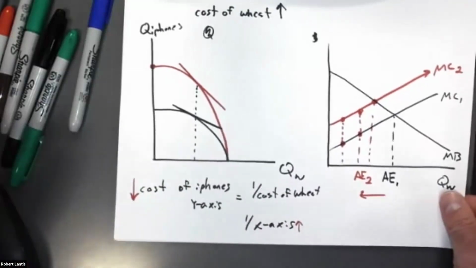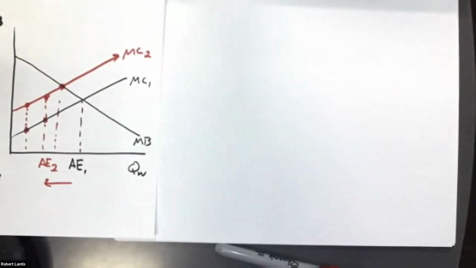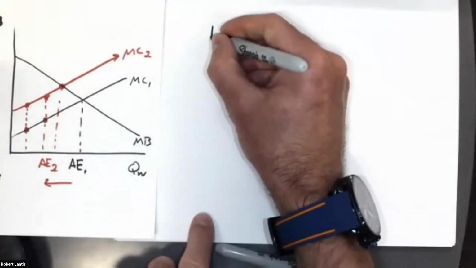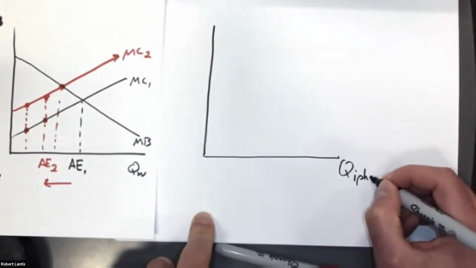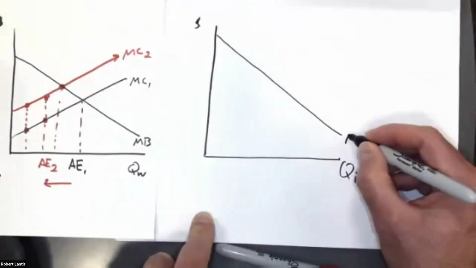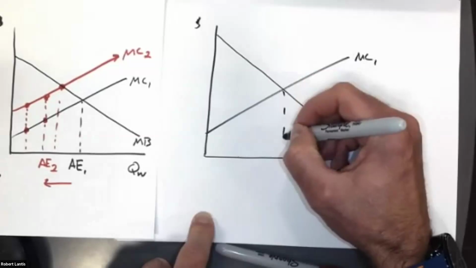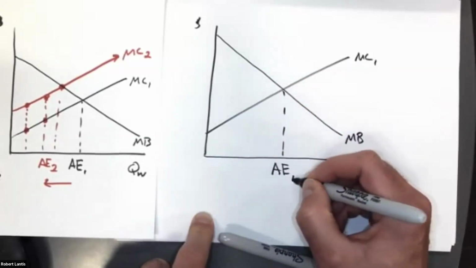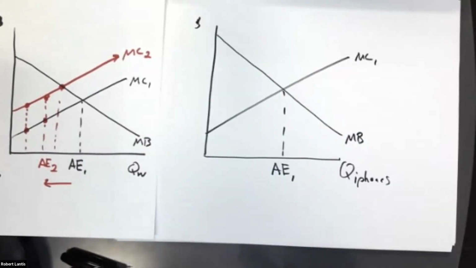And we could do a very similar thing. Let's say instead of thinking about wheat, I asked you the question about what's the allocative efficient point for iPhones? Well, before, the costs were whatever they were, so we had this allocative efficient point. What's happening to the marginal costs of iPhones?